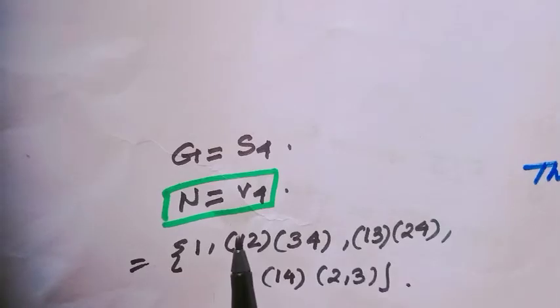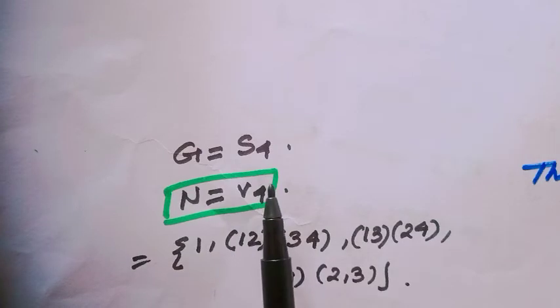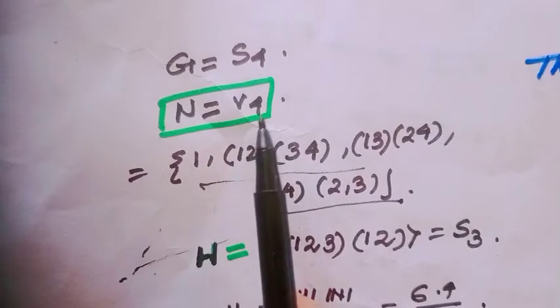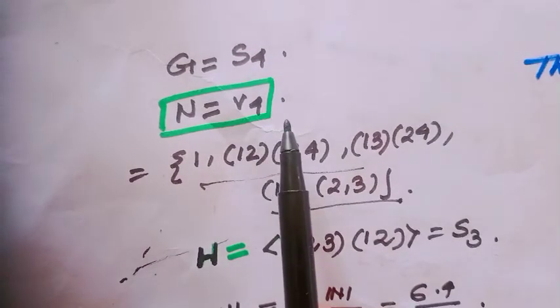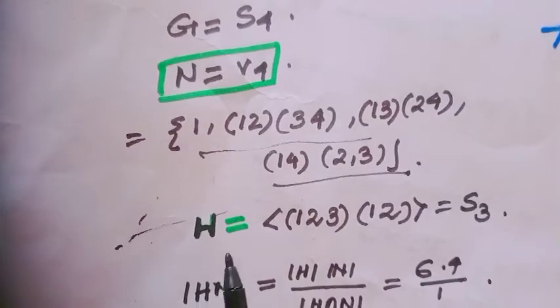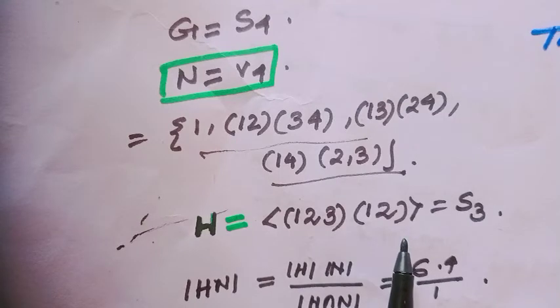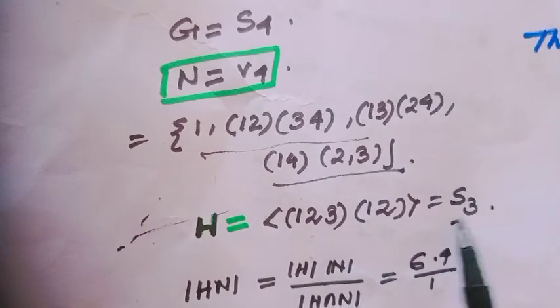For example, consider G equal to S4 and N equal to the Klein 4 group. We all know this is the Klein 4 group, and in S4 it is a normal subgroup. S is the subgroup generated by (1 2 3) and (1 2), which is nothing but S3.